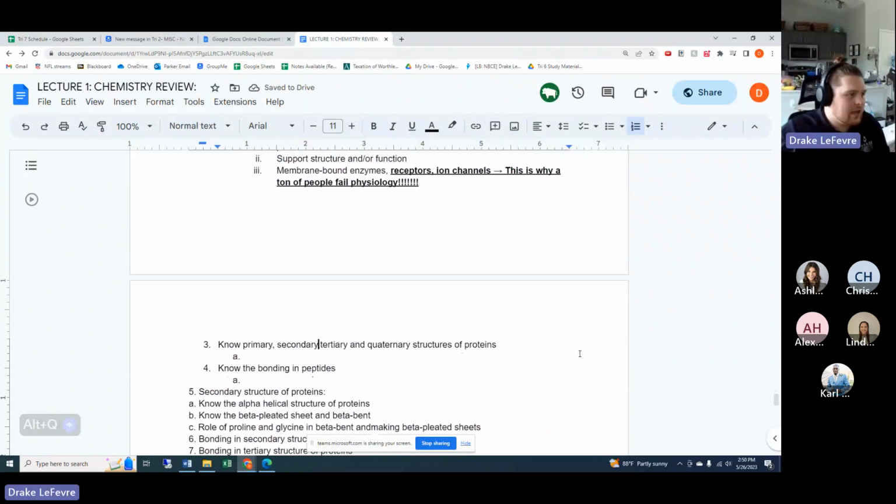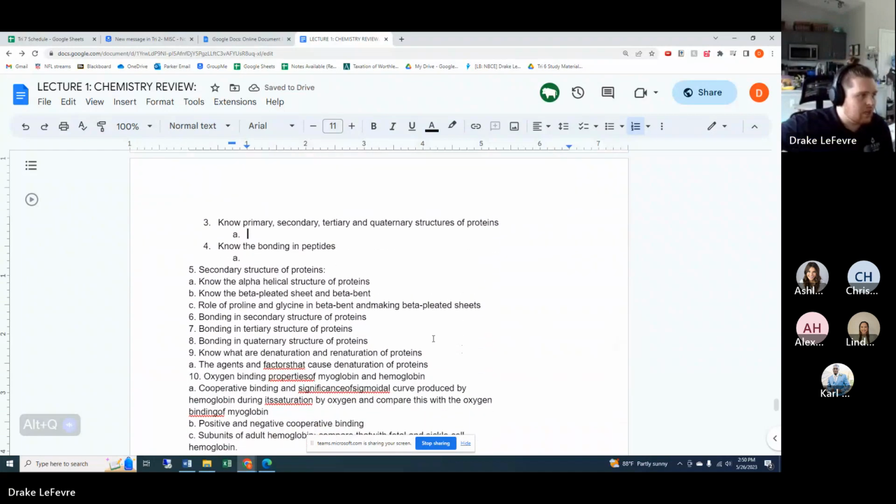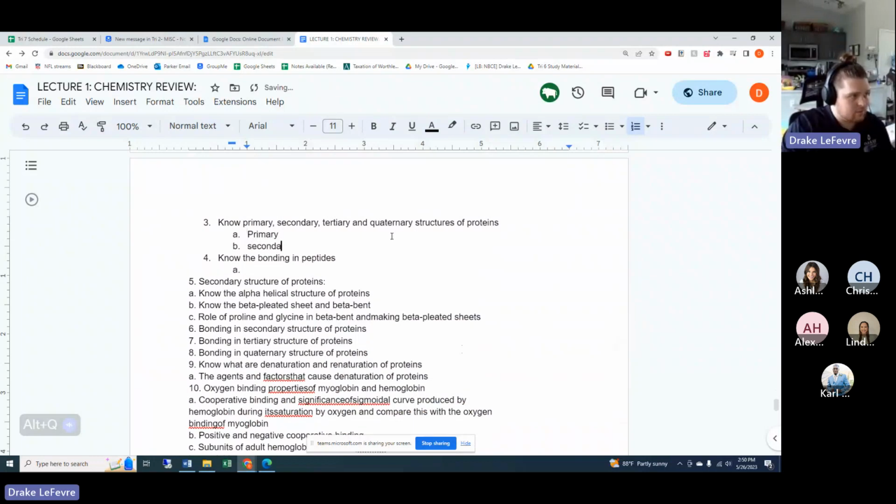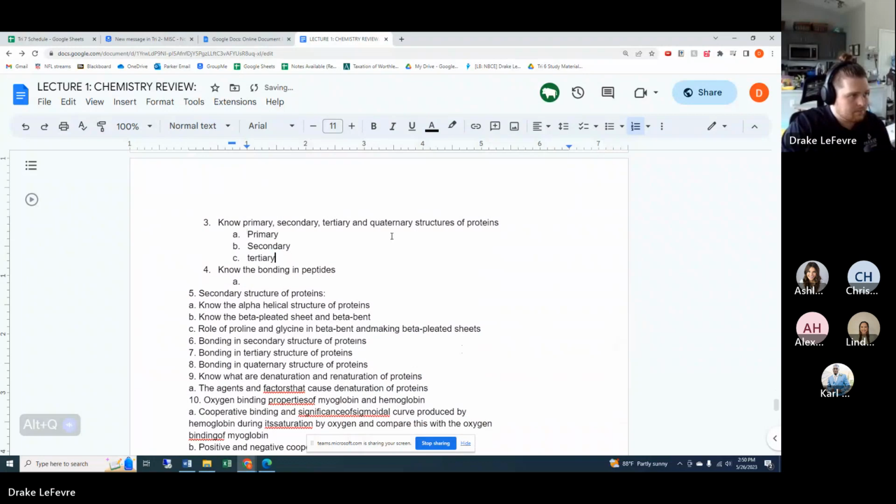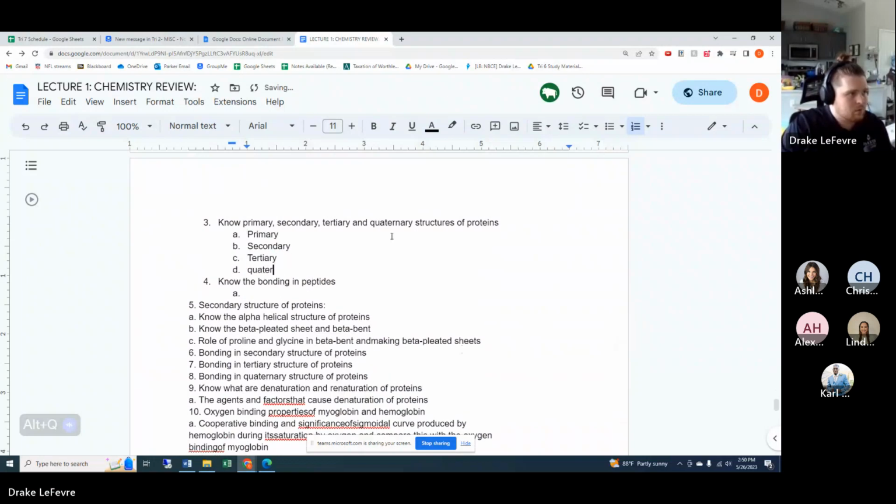Primary, secondary, tertiary, and quaternary structure of proteins. A lot of this is going to be continued down here, but let's just quick list off what they are. Okay, the primary structure, what is it called? Polypeptide chain.